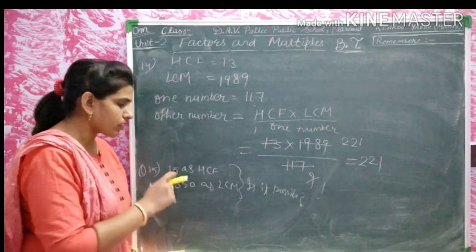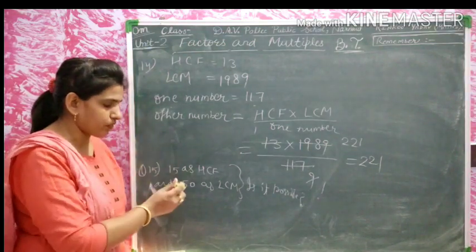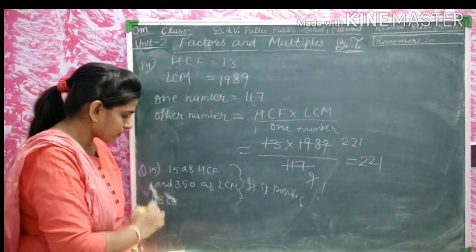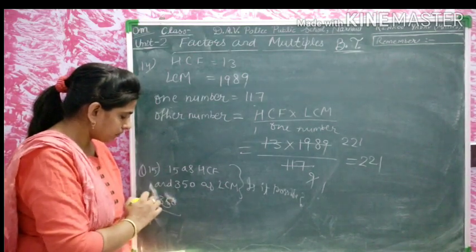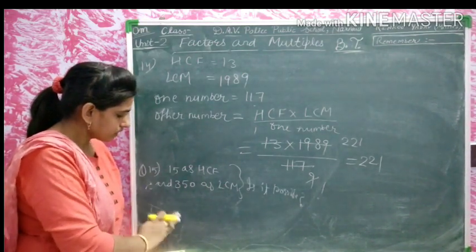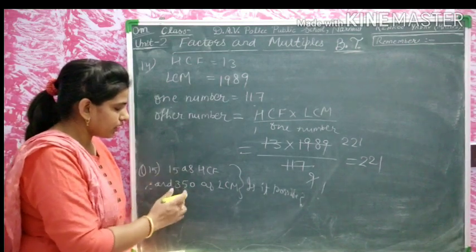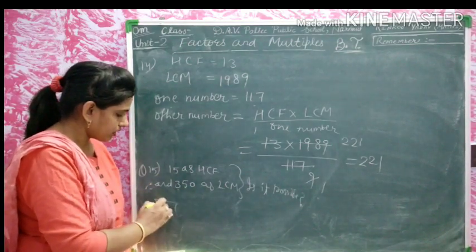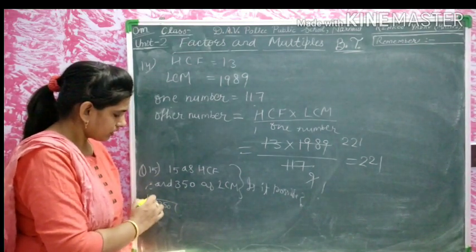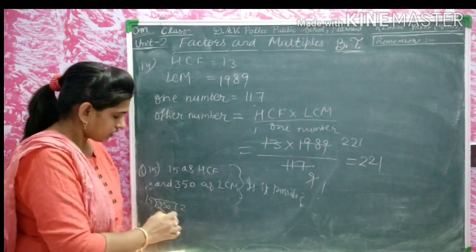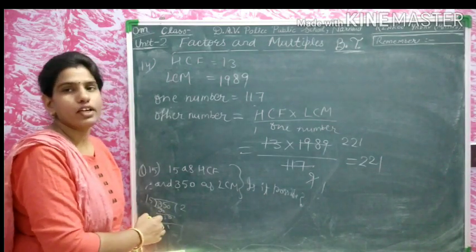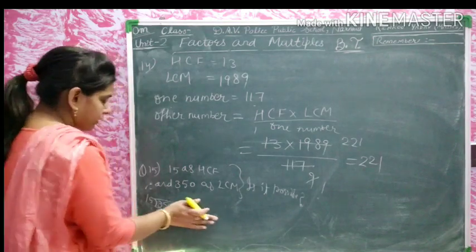But 15 is not the multiple. 15 is not a factor of 350. We have taken the factors of 350 here, and we are dividing 350, it is not completely divided, so it is not a multiple of 15.